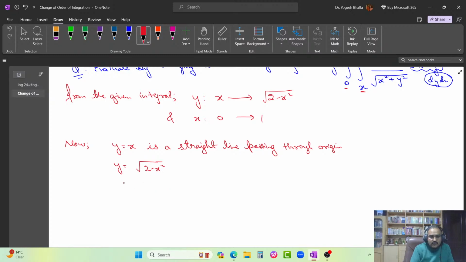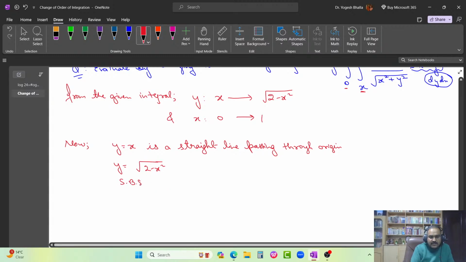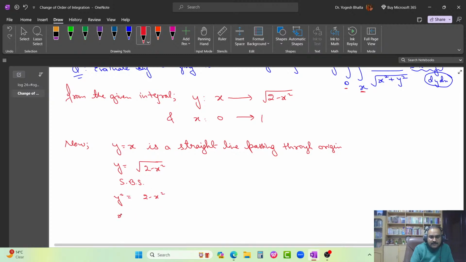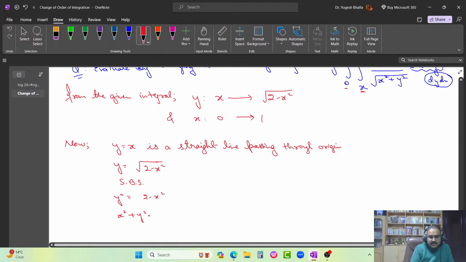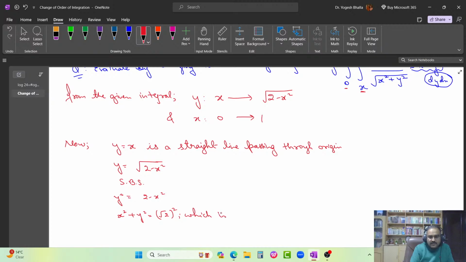First of all we square both sides, so y square is equal to 2 minus x square. Now I'll take x square to the other side: x square plus y square is equal to 2, that means root 2 whole square. So which is a circle, a circle with center at 0, 0 and radius root 2.